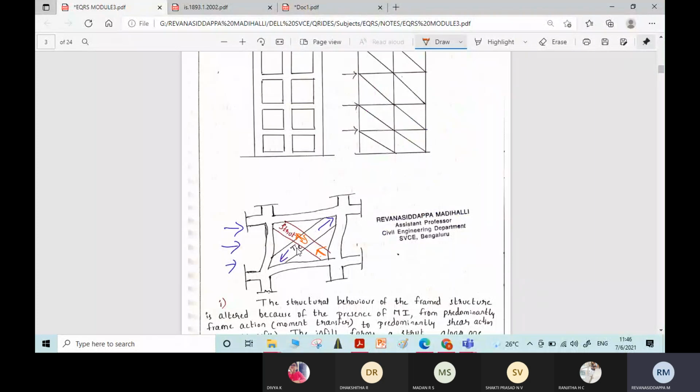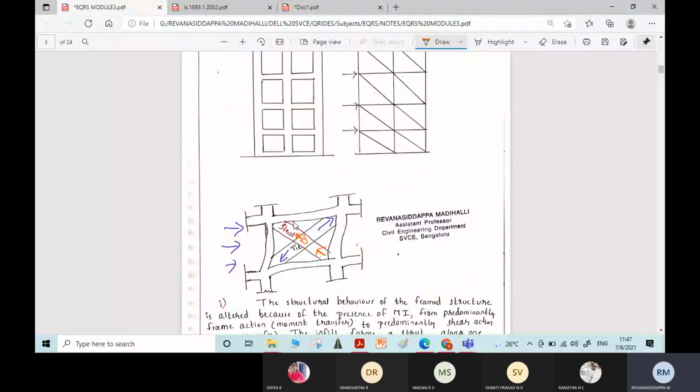So to resist the earthquake lateral force acting on the frame, because of this tension force on one diagonal and compression force on the other, one particular diagonal of the room will act like a tie, which can handle the tensile forces. The other diagonal of the room will act as a strut, which can handle the compressive stresses induced due to the deformation.